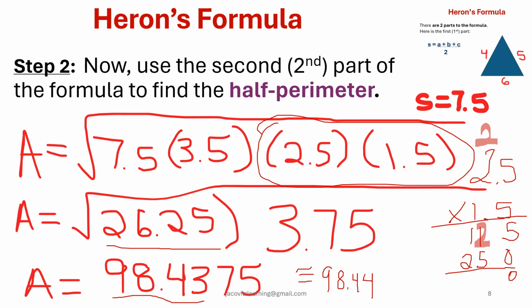And so when you go down, you get 7, and you get 3.7, and we can correct ourselves as 5. And you have 2 decimal points, so 3.75. So this did come out 98.44, 98.4375 is what your area is going to be just by getting the sides.